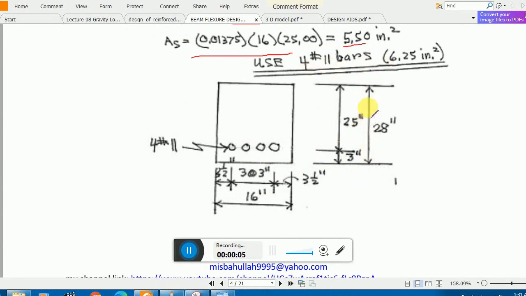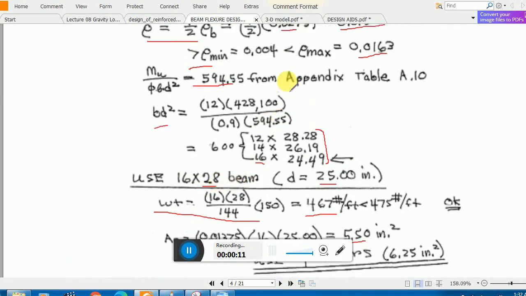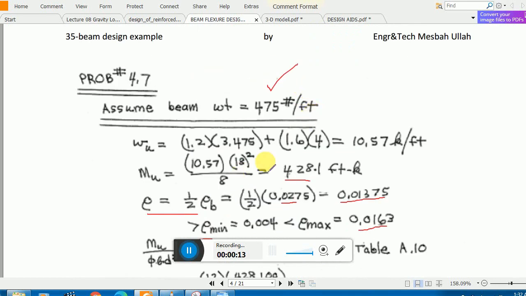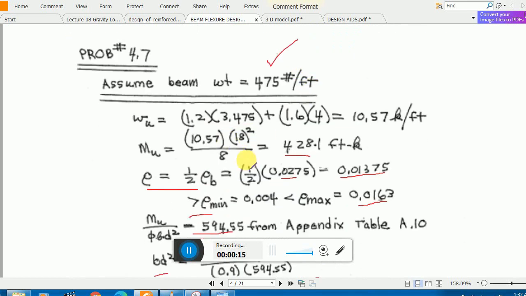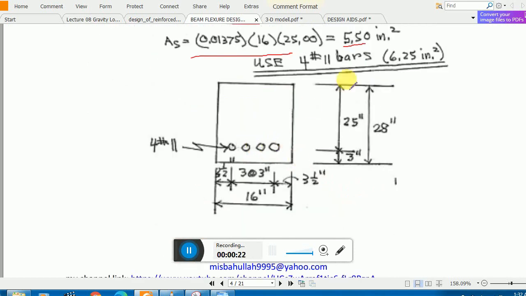Remember, if you are increasing your depth, as here we see we are using 28, but remember here the length is 18 feet, so the length decreased, so that's why the depth is also decreased, and the number of bars is also decreased. But remember for number 11 bars, you have to check the minimum width.